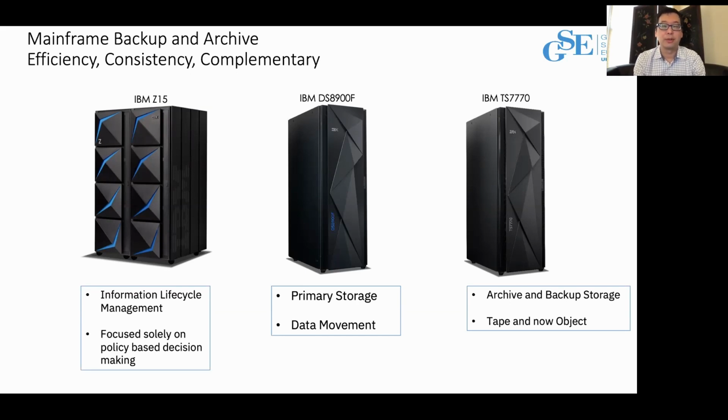So as we're going through these discussion points, we want to see how we can make backup and archive for the mainframe more efficient, how we can keep the way that you do your backup and archive today the same or very similar to the way you use your software today, so consistent. And the third thing we want to talk about is how we can make it complementary. We are trying to combine technologies in order to be able to do things at the same time.